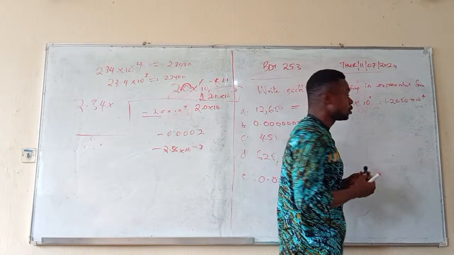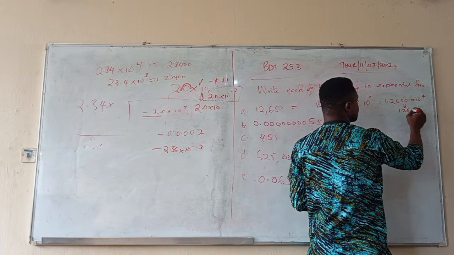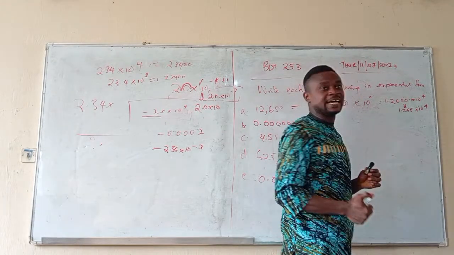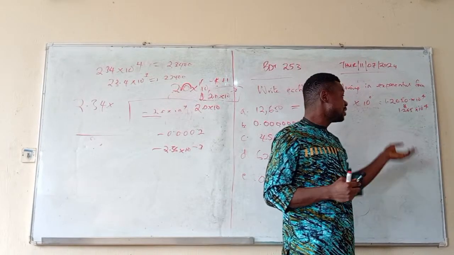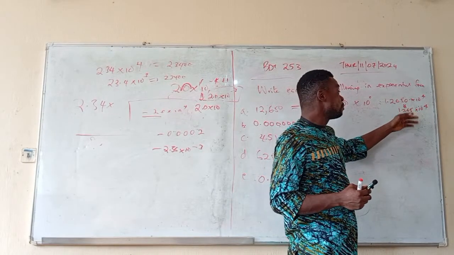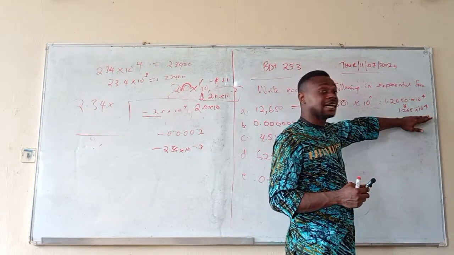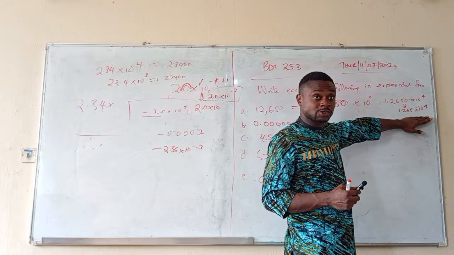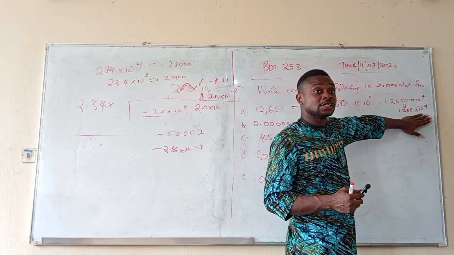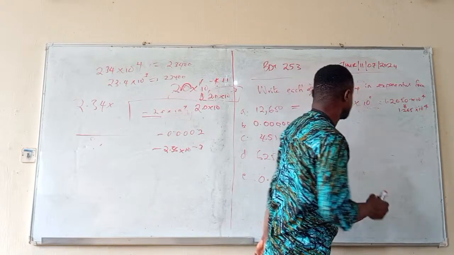Then you have 1.265 times 3 to the power 4. Depending on how you are told to, you can leave the answer as 1.265 or 1.3, depending on what you are measuring. But you can leave it like this. So you have moved it to exponential form.